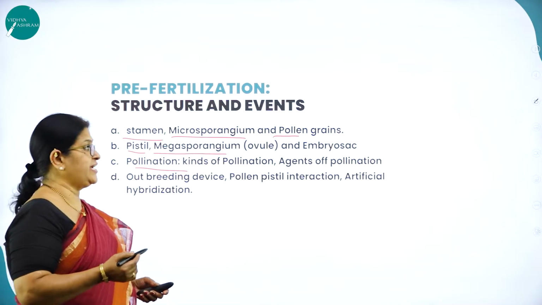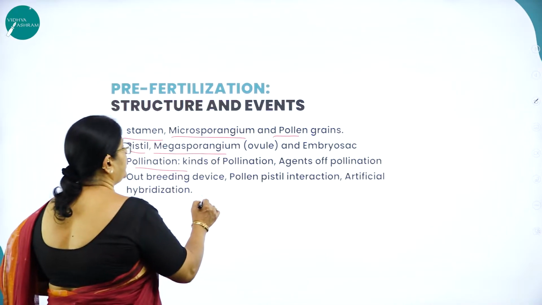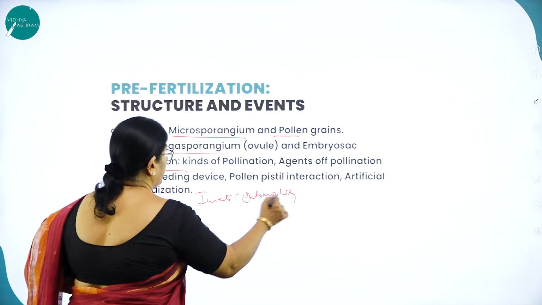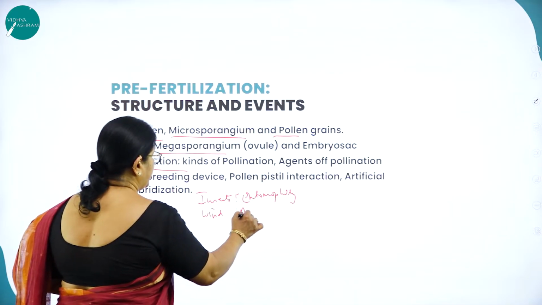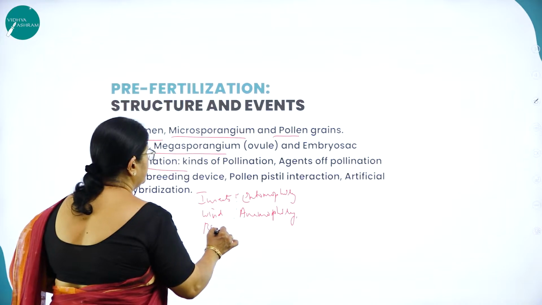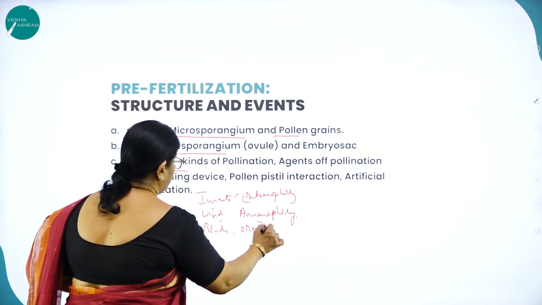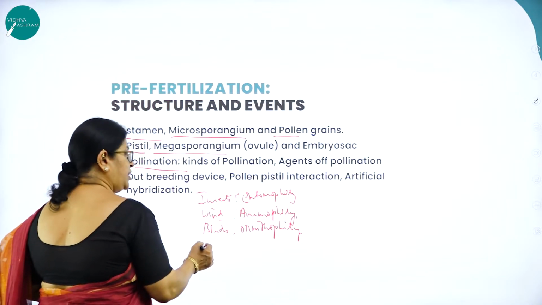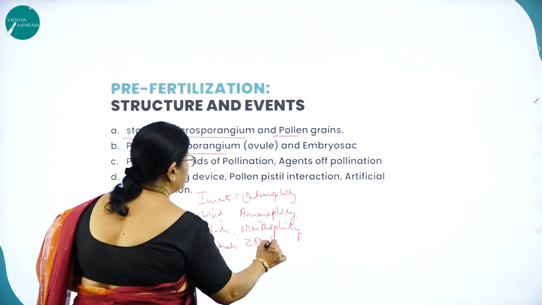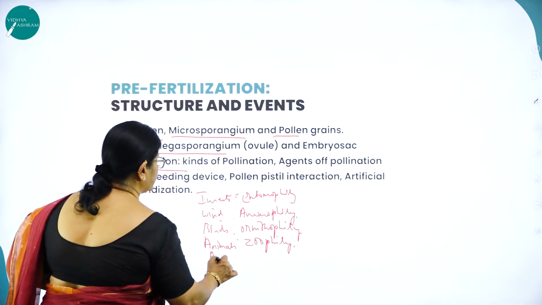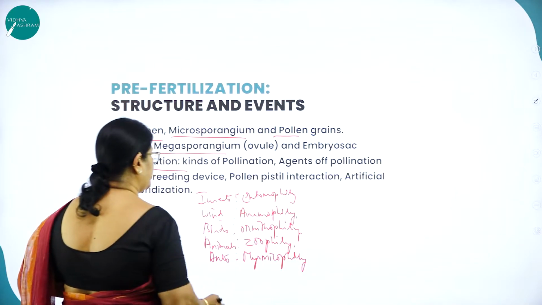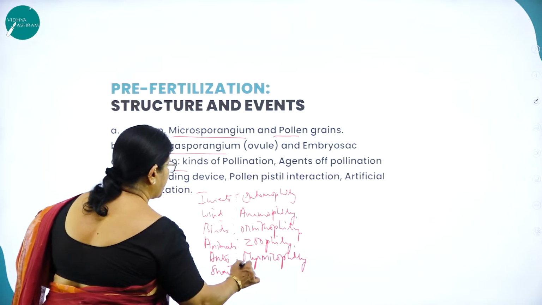as I said, kinds of pollination and agents of pollination. Pollination through insects we call entomophily, pollination through wind we call anemophily, pollination through birds we call ornithophily, then pollination through animals we call zoophily, pollination through ants is called myrmecophily, then pollination through snails is called malacophily.